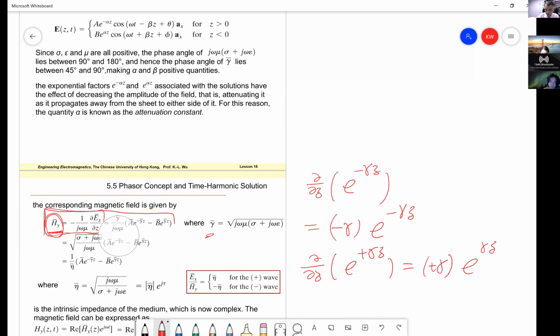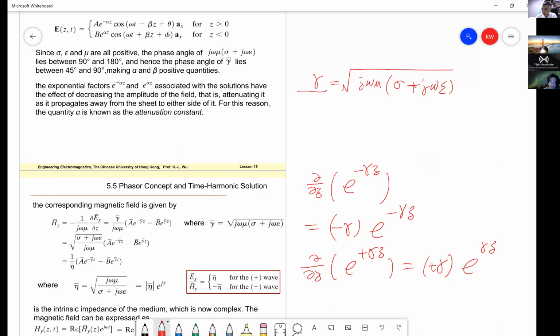Then we further simplify this, because we know gamma. We said gamma is the square root of j omega mu times something.